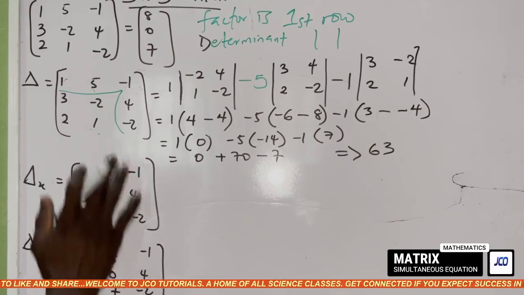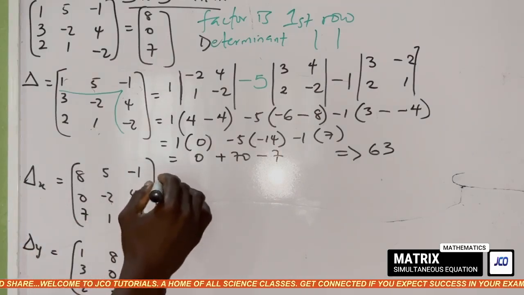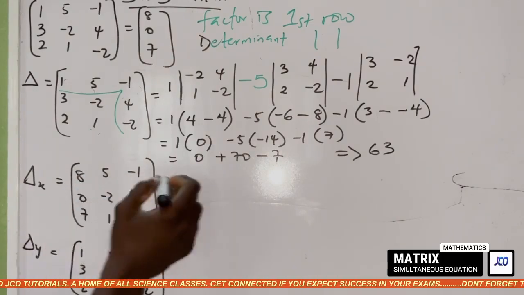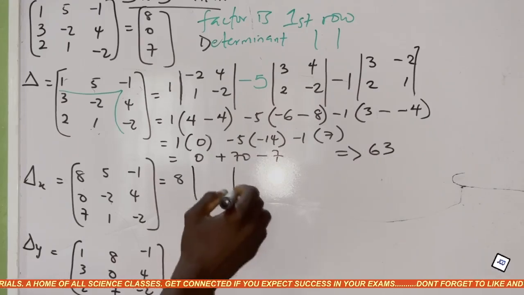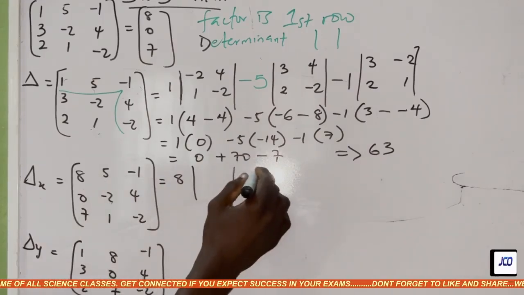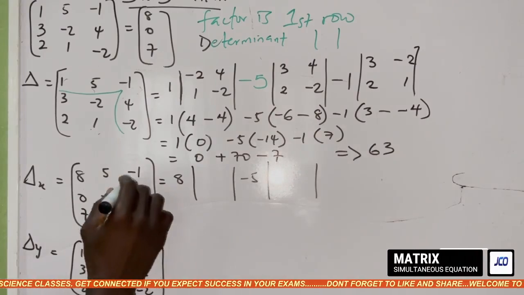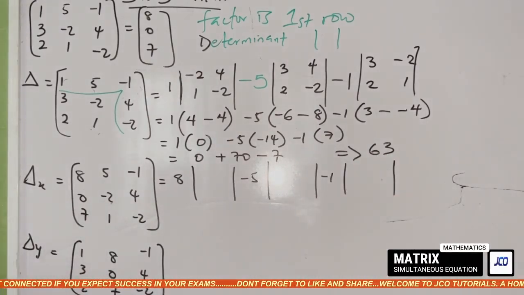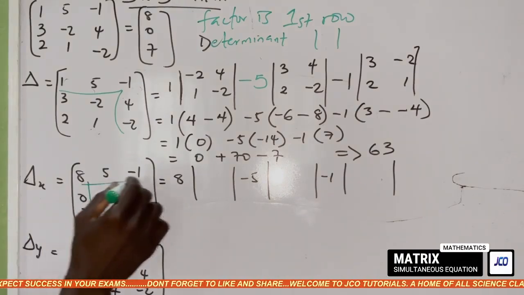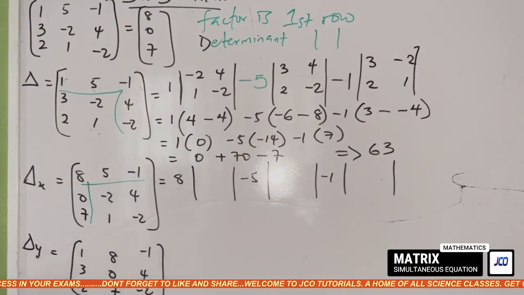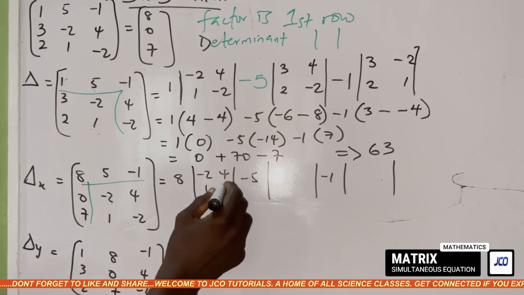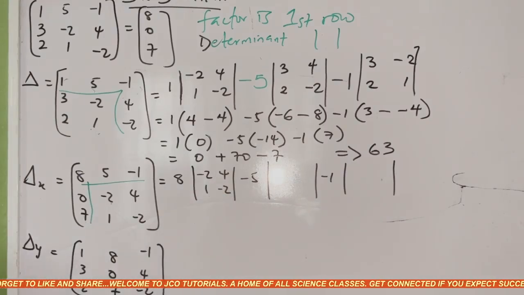So the same thing we did here, we're going to do it here. We have 8, the first guy, then we'll draw a line. 5 is at the middle, you make a minus 5. Draw a line. Then minus 1 is there at the last. When you take 8 first, remove his own column and his row. You are left with minus 2, 4, 1, minus 2.